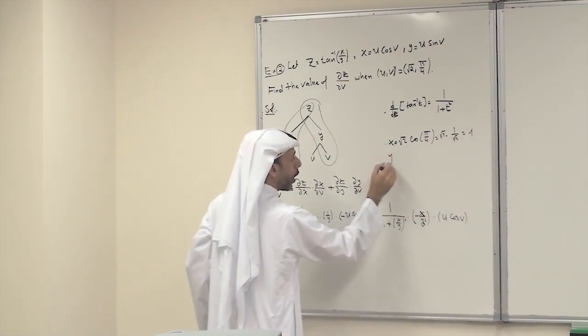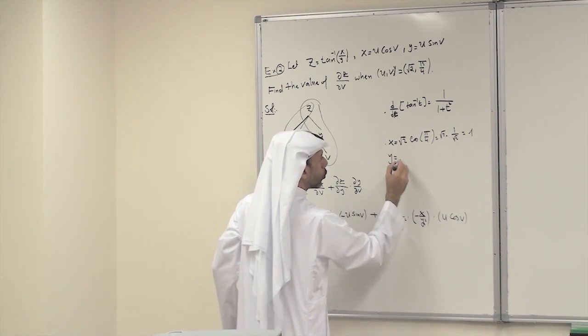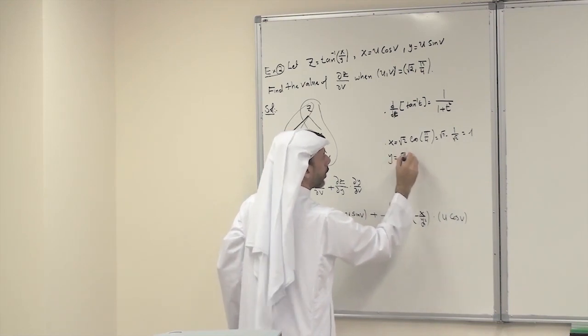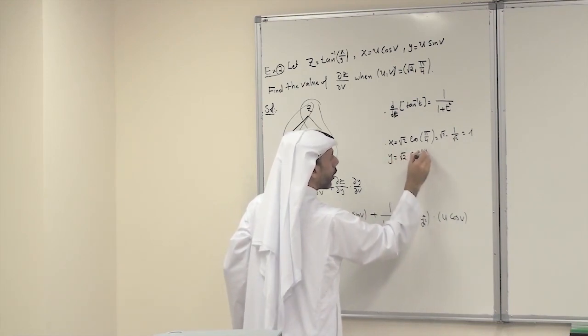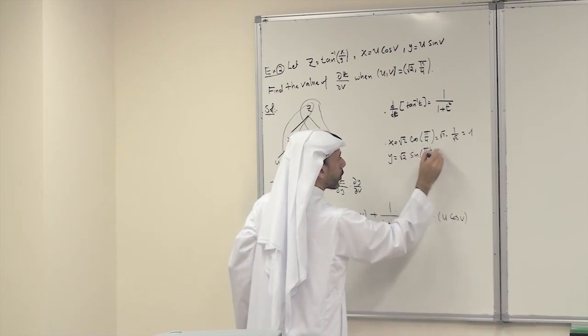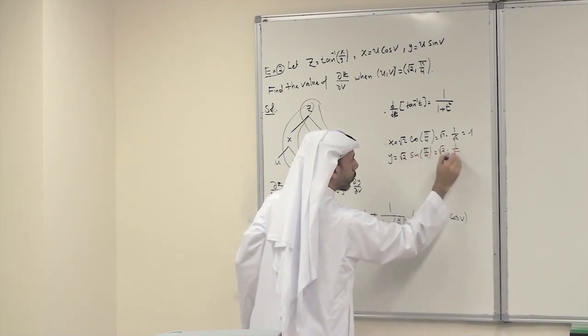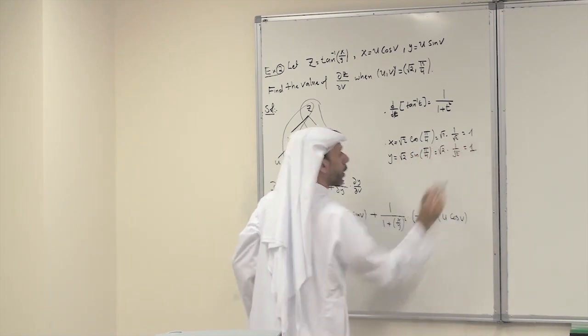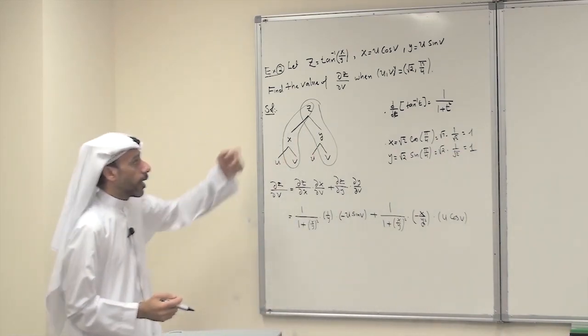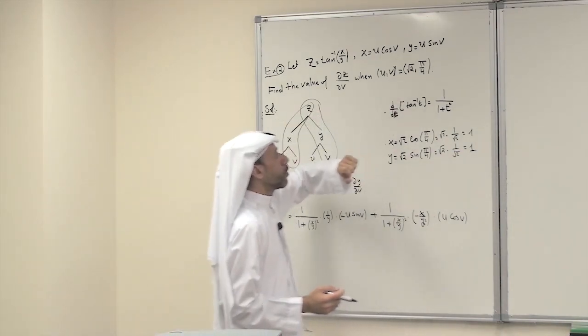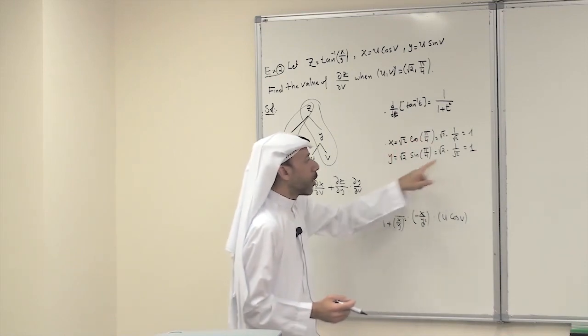The same thing for Y equals U sine V, which is root 2 times sine pi over 4, root 2 times 1 over root 2, which is again 1. So when U equals root 2 and V equals pi over 4, X is 1 and Y equals 1.